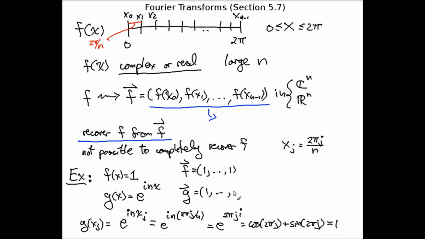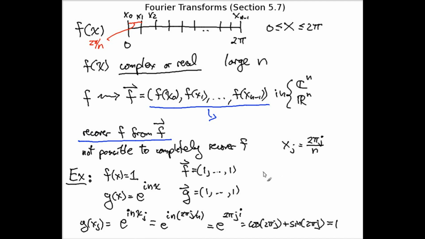So the vector for g is the same. And this complex valued function is a periodic wave of frequency n. Now it's complex valued, so it's a little bit hard to picture that. But if you take the real part of it, you're getting cosine 2 pi n xj.